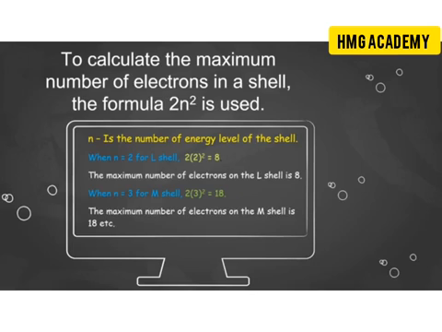That will give us 8 as the maximum number of electrons that can be in shell 2. The maximum number of electrons that can be in shell 3 would be 2 times 3 squared, where 3 is the number of the shell. That will give us 18. Therefore, the maximum number of electrons on the M shell is 18, etc.